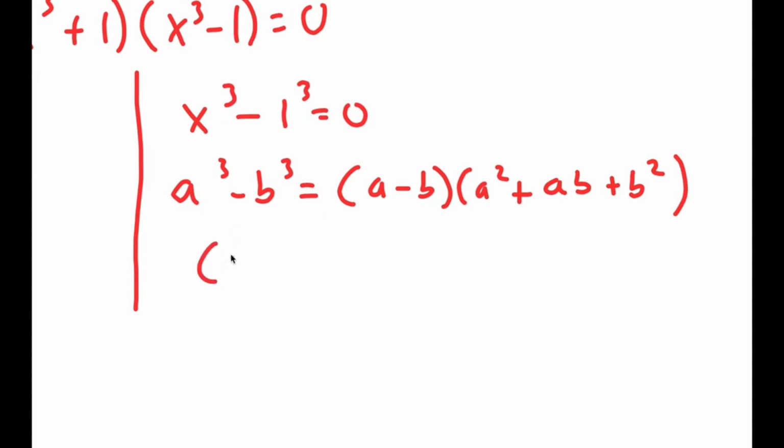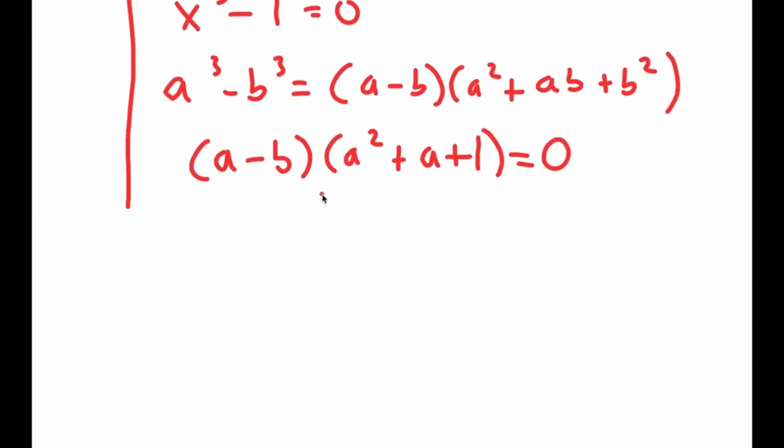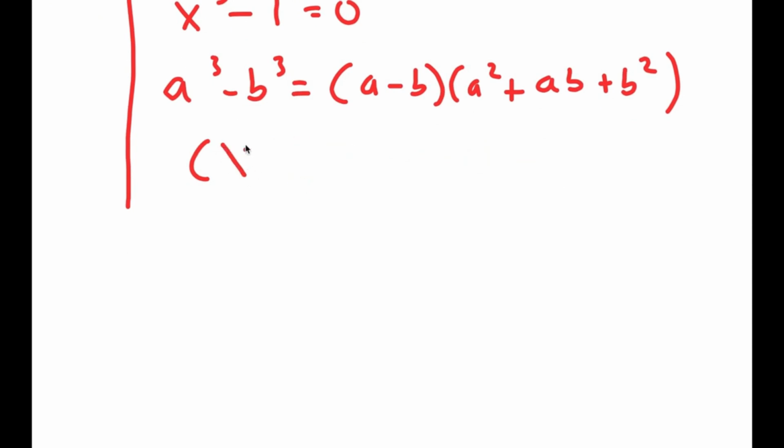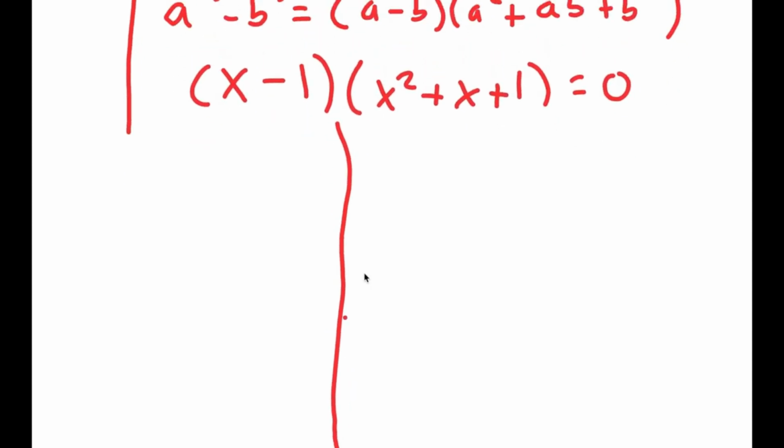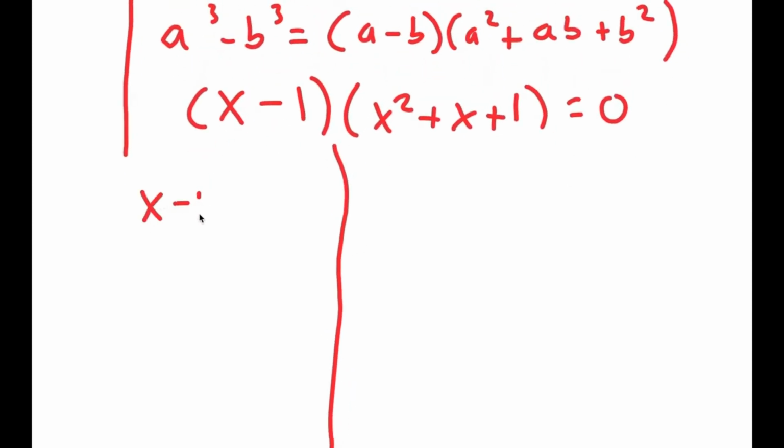So this turns into x minus 1 times x squared plus x plus 1 is equal to 0, which gives me yet another two equations. So now I have x minus 1 equals 0 and x squared plus x plus 1 equals 0.